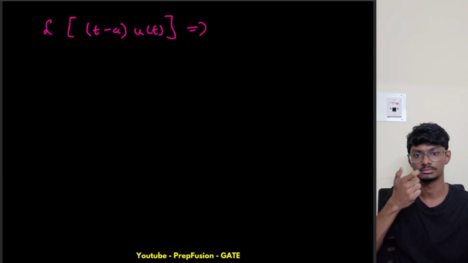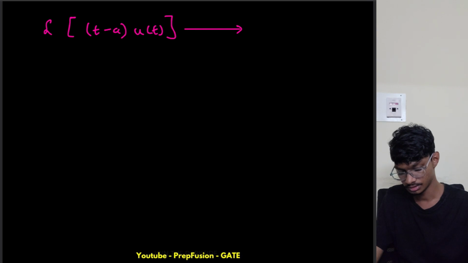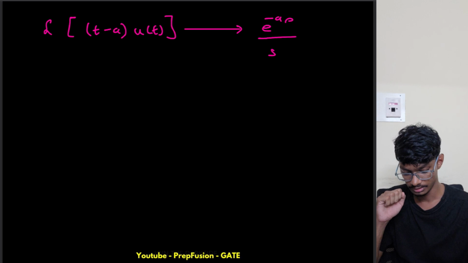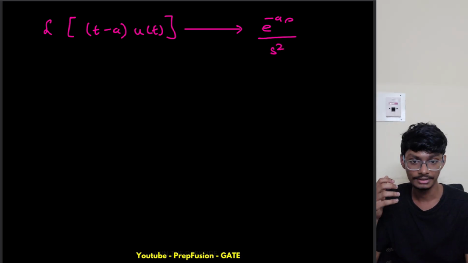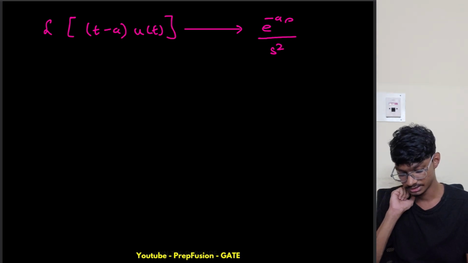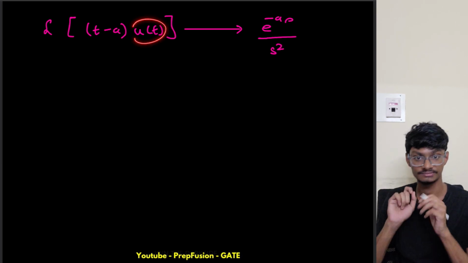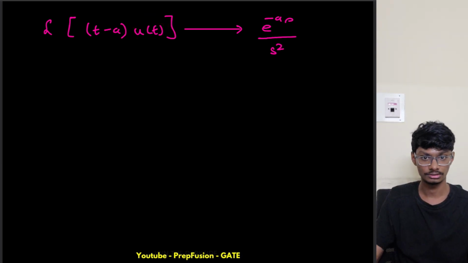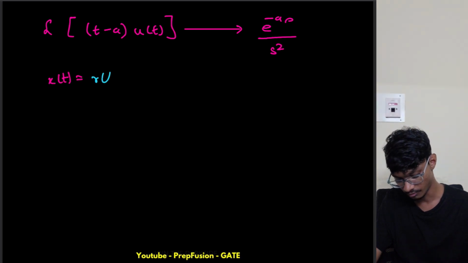You might say some simple exponential will get multiplied, so it is e raised to minus as by s square. But is it true? Is everything shifted by t minus a? No. Here the unit step hasn't been shifted. What is the actual signal? The actual signal is x of t equals, let me write this in a different color, equals r of t only.